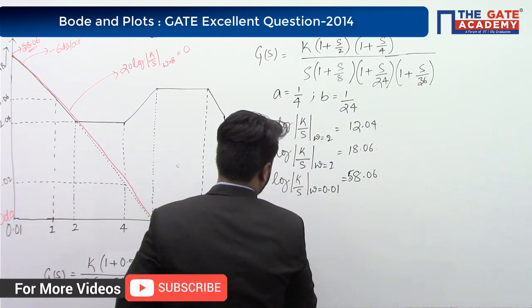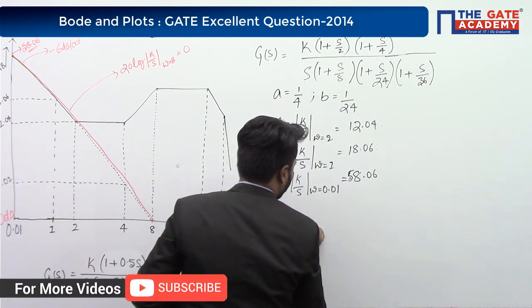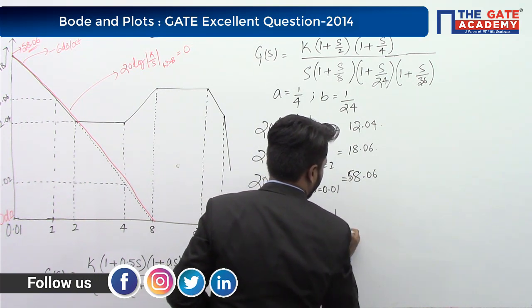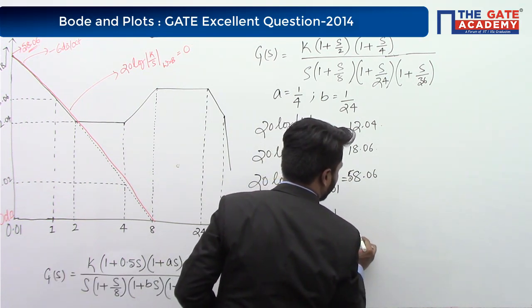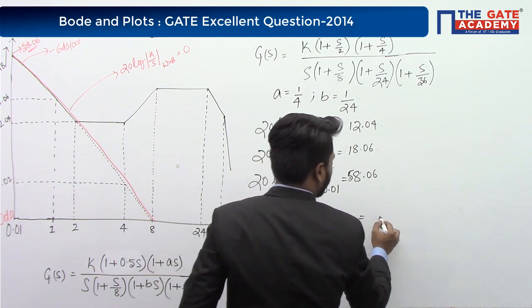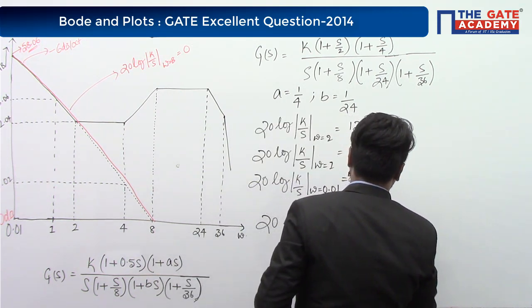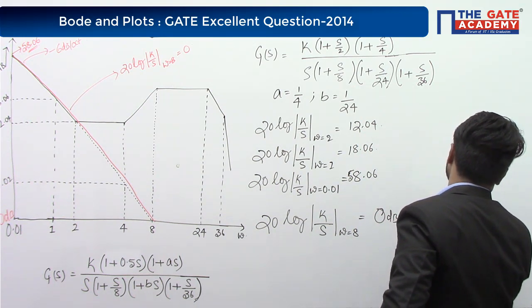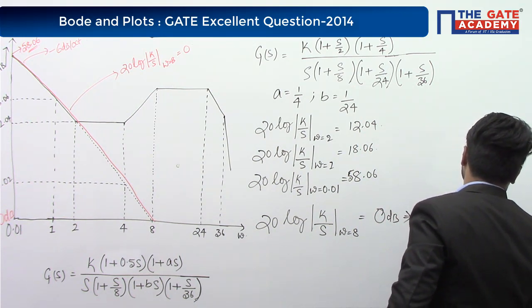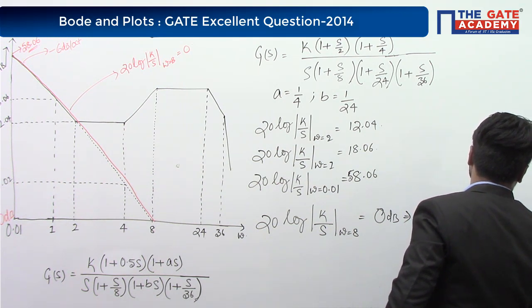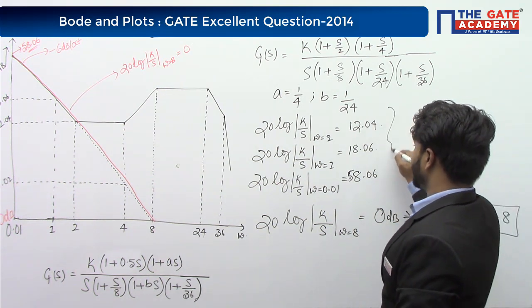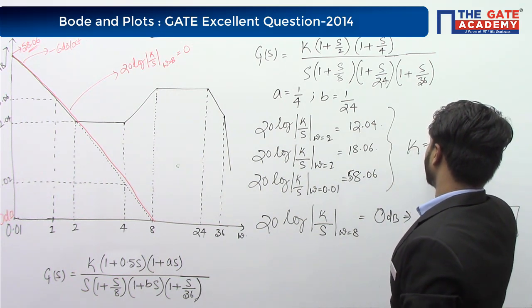Therefore, 20 log modulus of K by S at omega is equal to 8 is going to be equal to 0 dB. That implies K by 8 is equal to 10 power 0. That implies K is equal to 8. Right? Even from these data points, you will be getting K is equal to 8.